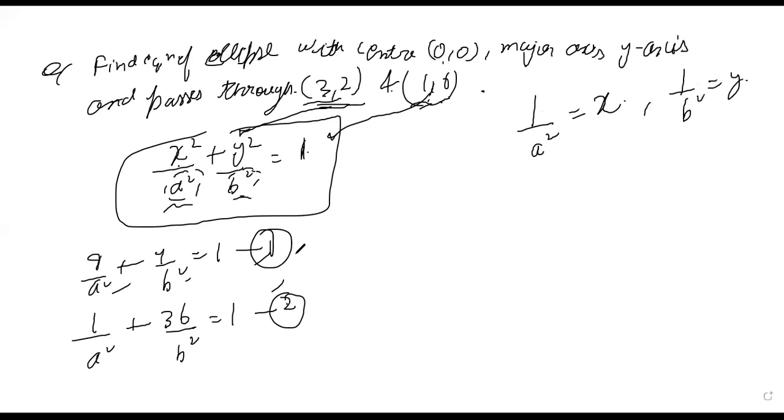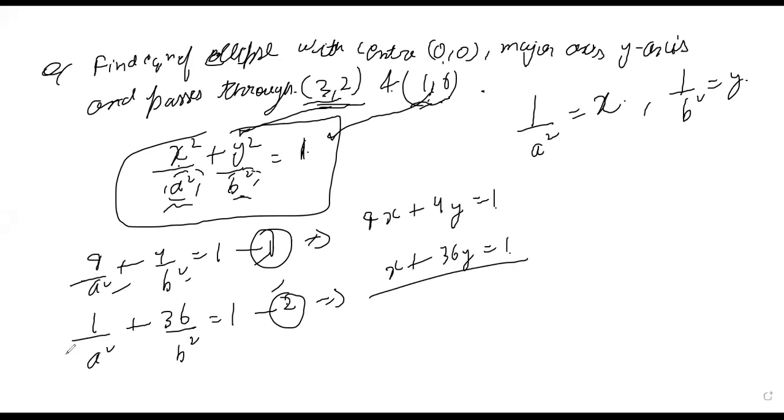So now I can write this equation as 9x plus 4y equals 1. And similarly, this equation is x plus 36y equals 1. Now these two equations are easy to solve, because a square and b square are in the denominator.